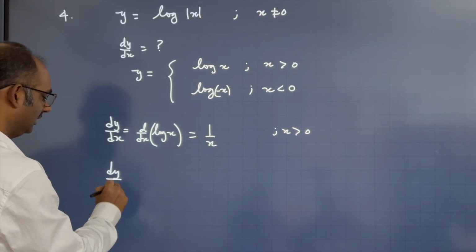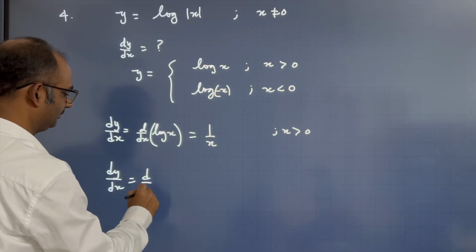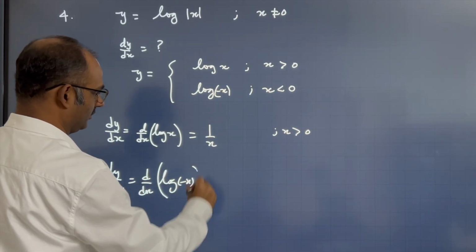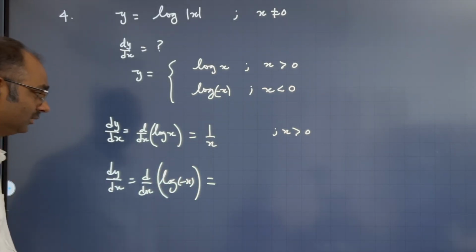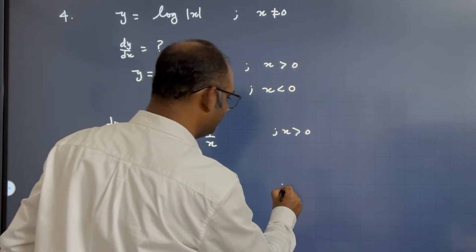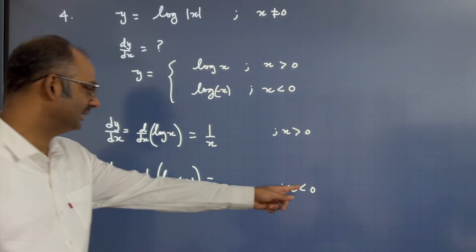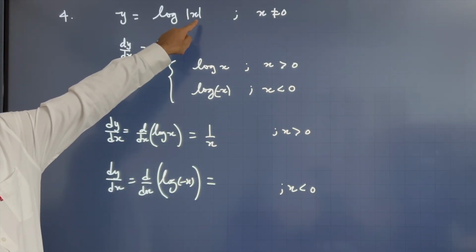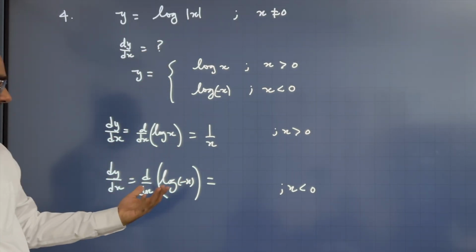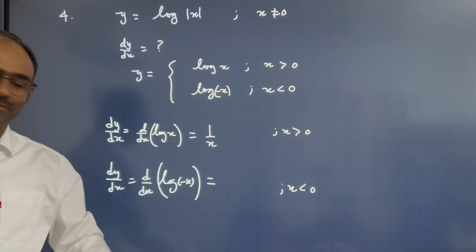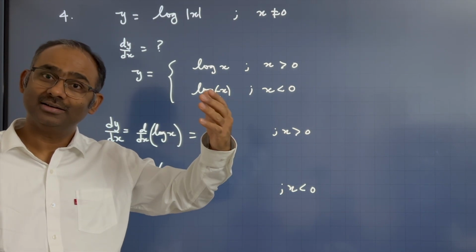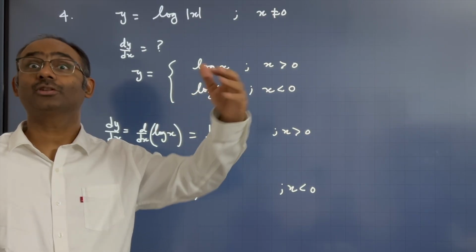How about negative values? See, for x negative, this is positive, right? Argument is positive. I have started with mod of x. But log of minus x, here x is negative. When I said log of x earlier, x was positive.